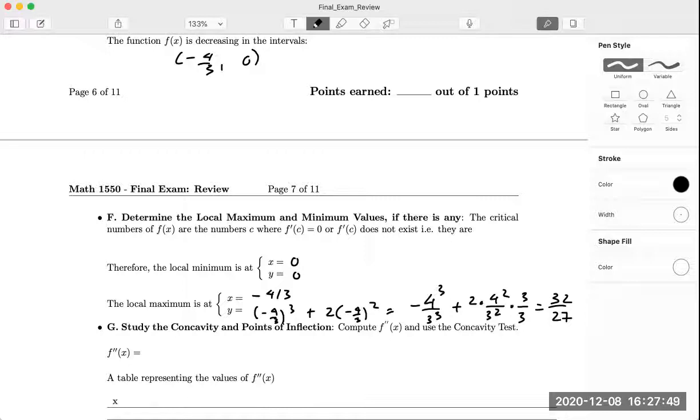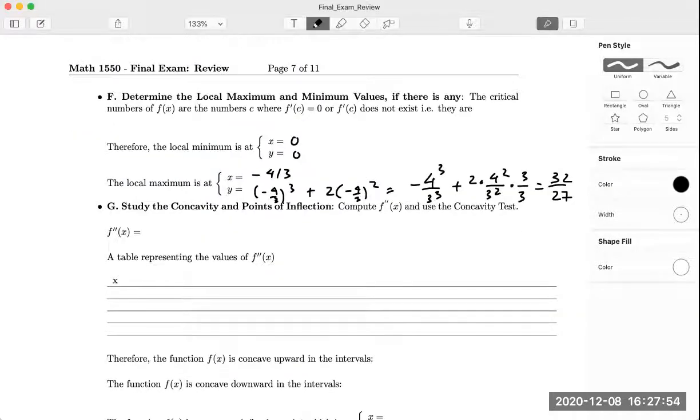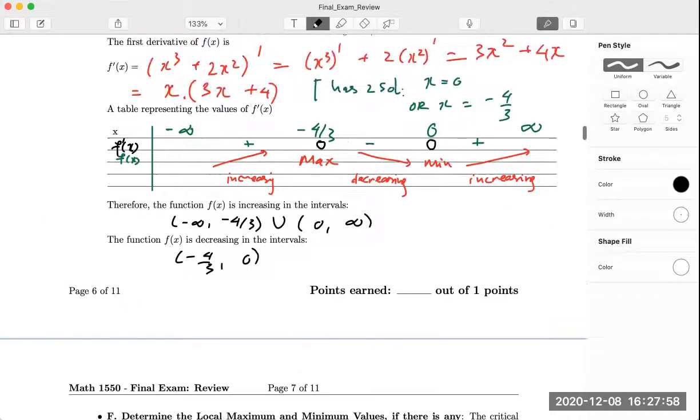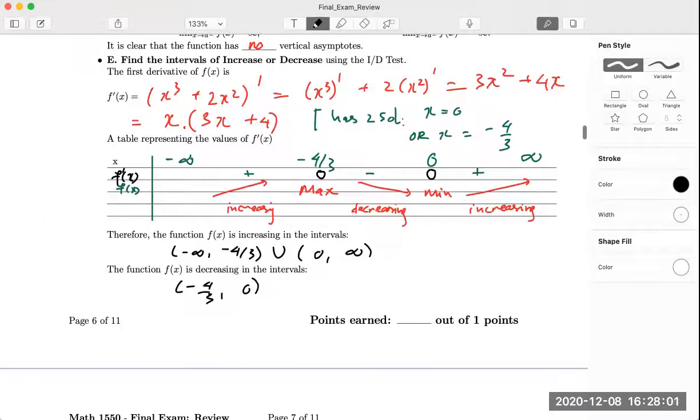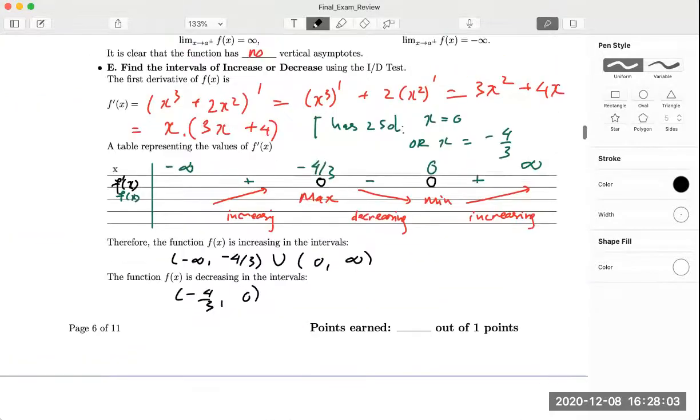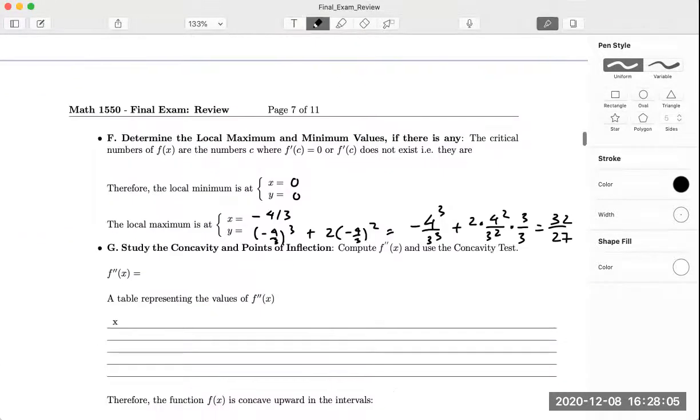Okay, let us continue. Let us find the second derivative. So we found that the first derivative is 3x squared plus 4x. The derivative of this gives us 3 times 2, which is 6x, plus 4.